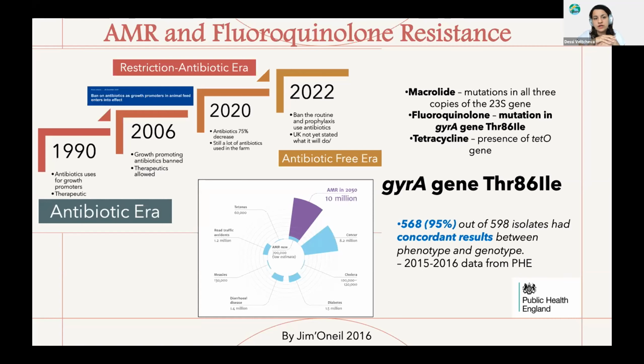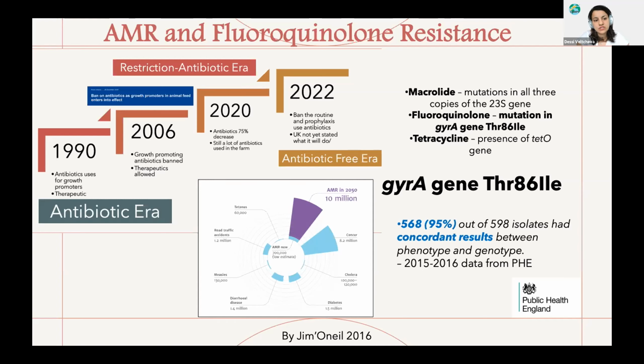But at this stage, with Brexit, we still don't know necessarily if the UK will be following that law or not. Since I am co-funded by the Food Standards Agency, we're really interested to understand what is going on with fluoroquinolone resistance across different strains, and also what could happen if we do follow the law or not. In terms of resistance, Campylobacter jejuni is resistant to different types of antibiotics, especially fluoroquinolones and tetracycline.